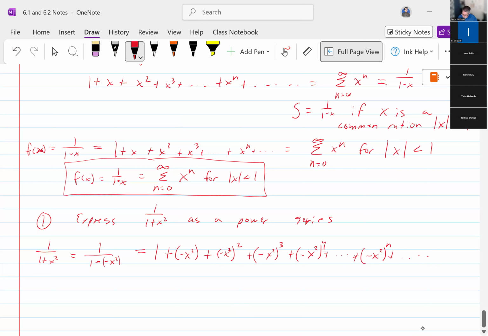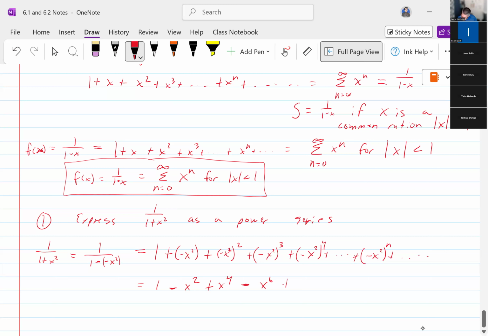It goes on forever. Let's see what happens when we multiply this out. This becomes 1 minus x squared. Then we have a negative x squared squared. That's plus x to the fourth, because the negative now is being squared. This becomes minus x to the sixth, because this is a negative to the third power, which is negative.